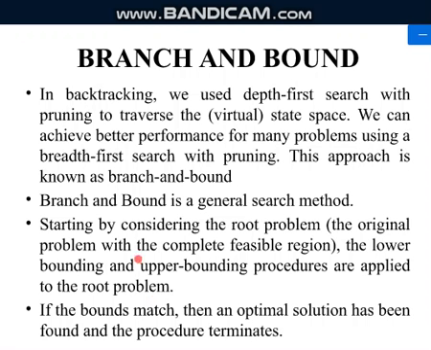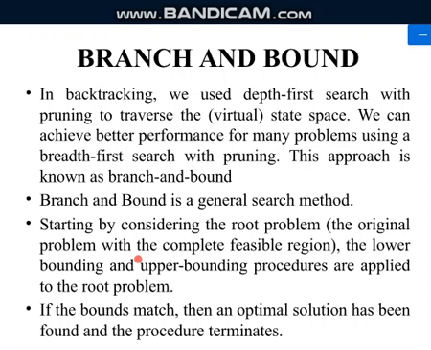So can you have a best case below that? No, you cannot. So that is the lower bound. Below that you cannot have anything, and better than that you don't have any solution. And upper bound is the worst case, so beyond that you cannot go. So that is branch and bound.